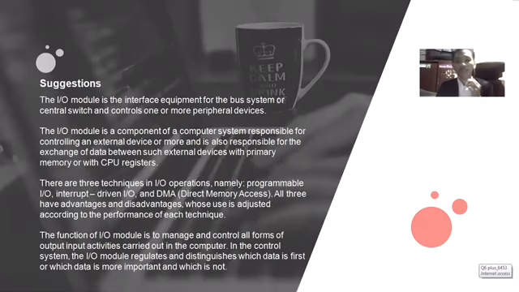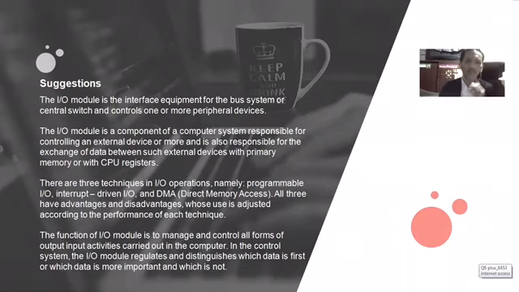Now, a suggestion from my group: the I/O module is the interface equipment for the bus system and controls one or more peripheral devices. The I/O module is the component of a computer system responsible for the exchange of data between such external devices and primary memory or CPU registers.